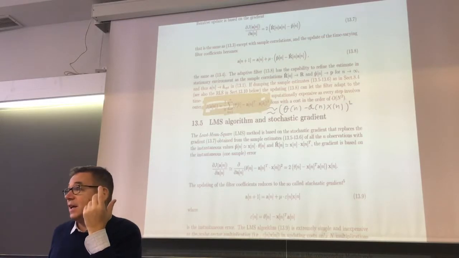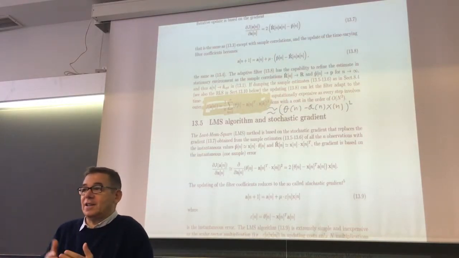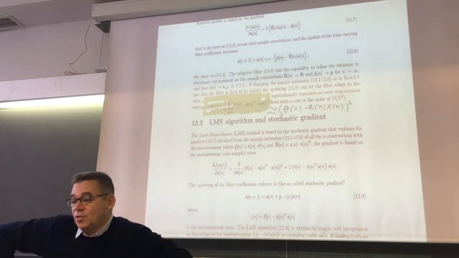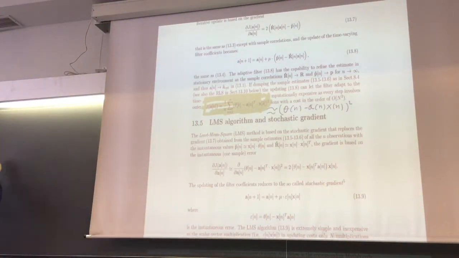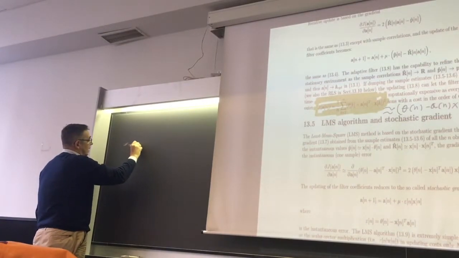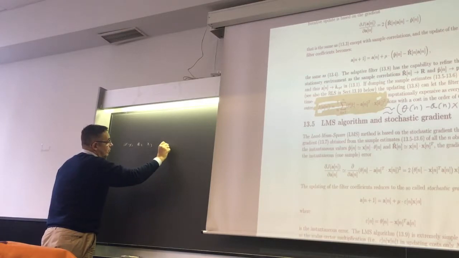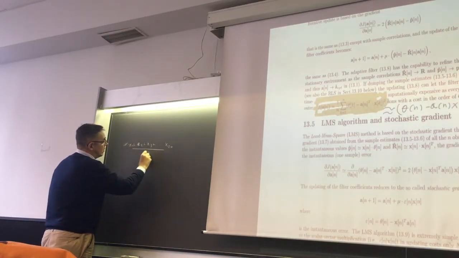It's like if I ask you to calculate the mean of something, what do you do? You take a set of samples and then you average, right? Say I have X1, X2, X3, up to X20. If you need to calculate the mean, you divide by 20.